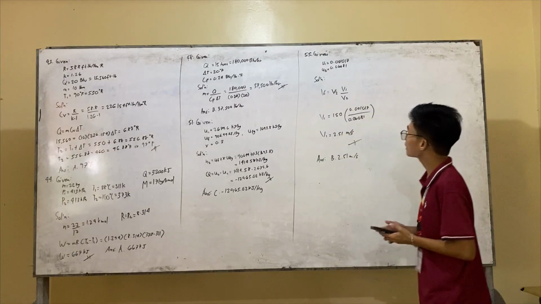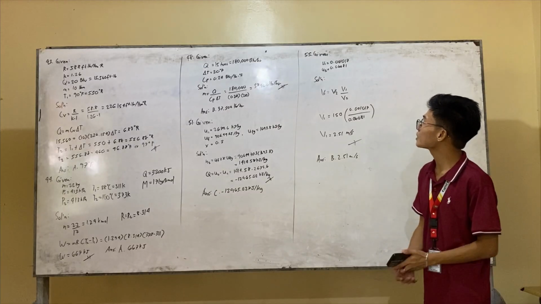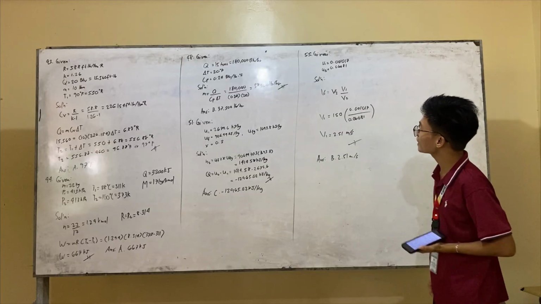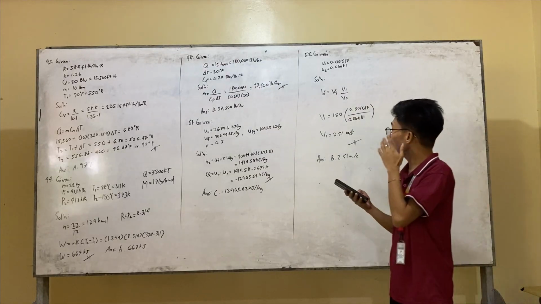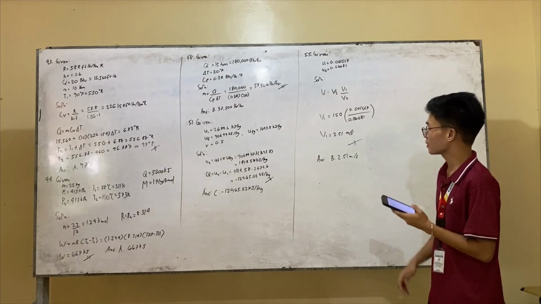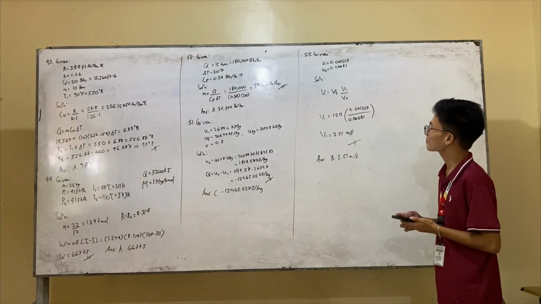So the given are v sub 1 is 0.001017 and v sub 2 is 0.06081. For the solution, we will use the formula V sub 1 is equal to V sub 2 multiplied by v sub 1 over v sub 2.